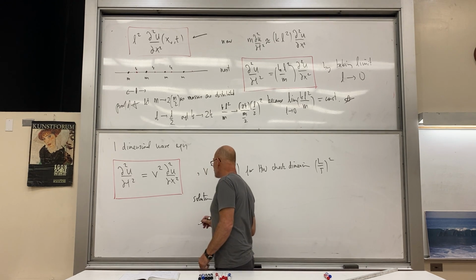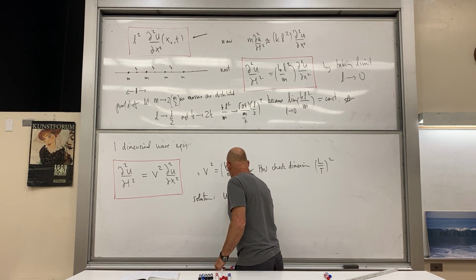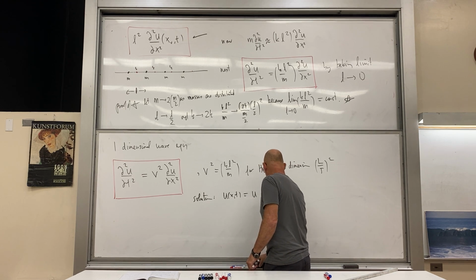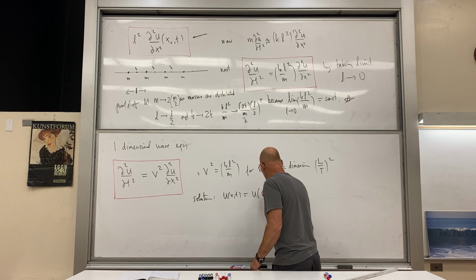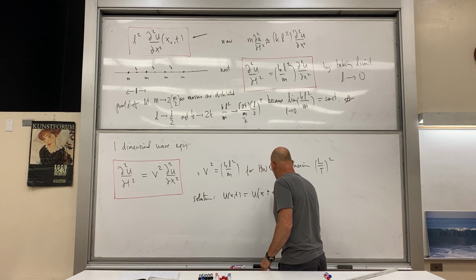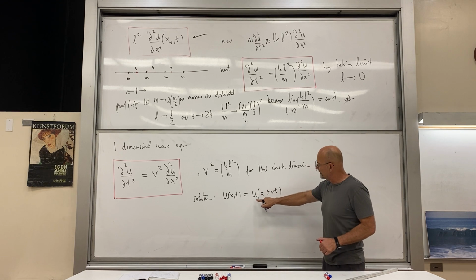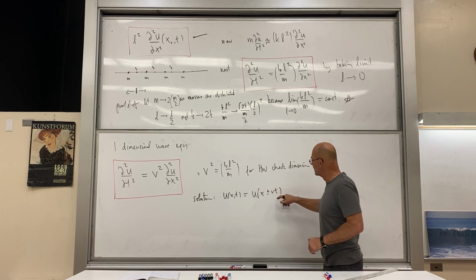A solution to the wave equation can be of the following form. You can say u of x and t equals u, I'll use the same function, of x plus or minus v times t. So in that case, you just have a function of one variable.